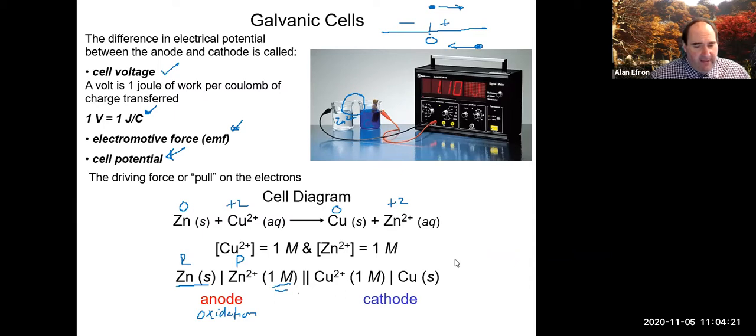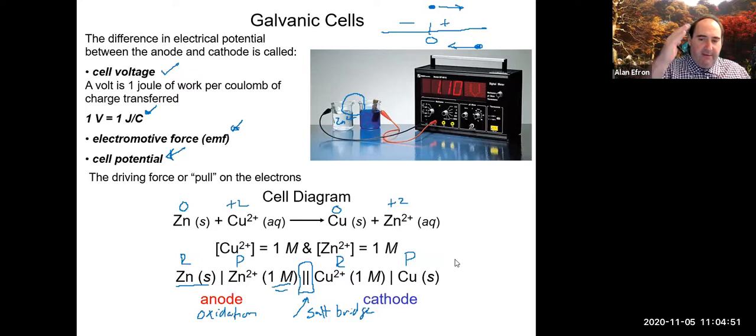We then have 2 lines here, and these 2 lines represent the salt bridge. And then we get to our cathode compartment, and in our cathode compartment, this is our reactant separated by a line from our product. So that's usually the general setup for a cell diagram.